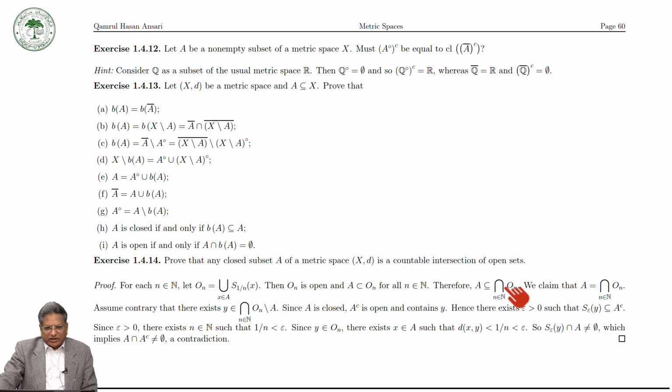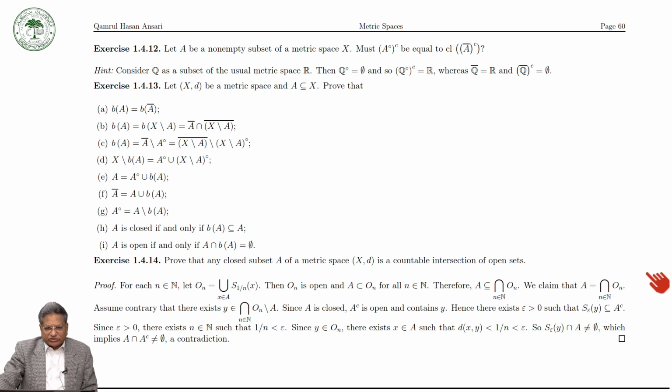So we have to prove that this intersection is a subset of A, and then we can say that A is equal to it. It means that A is the countable intersection of open sets.